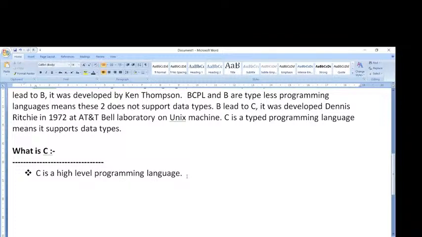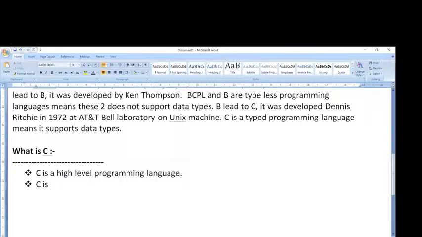So the language which can be built by using simple English words is called a high level language. C language supports low level language features as well as high level language features. So it is called a middle level language.